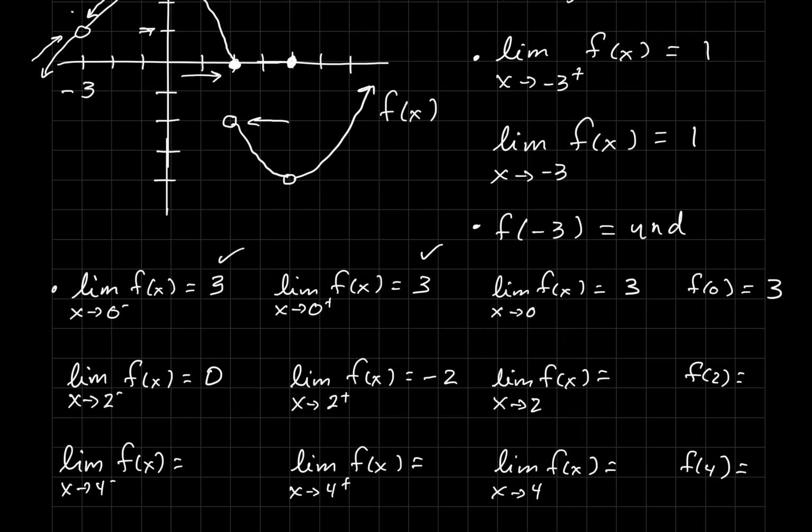Now, y doesn't equal negative 2, but again, a limit is when we get close. But notice that these two values are not the same, which means that the limit does not exist. How about f of 2? Is the function defined at x equals 2? Well, yeah, it is. It equals 0.